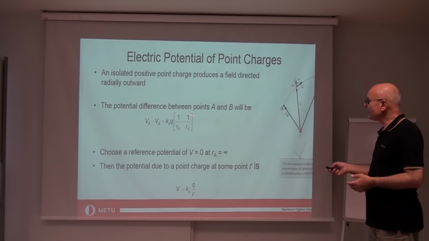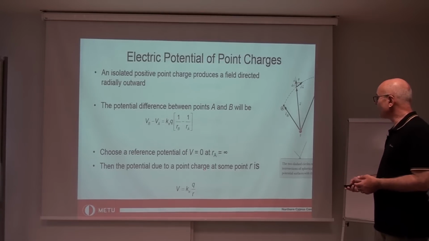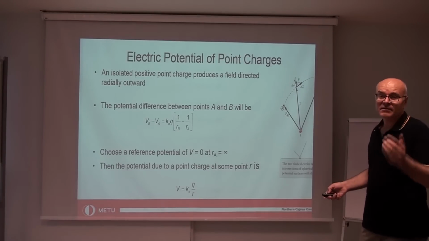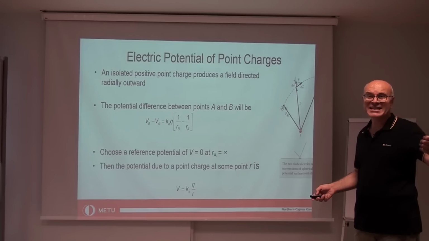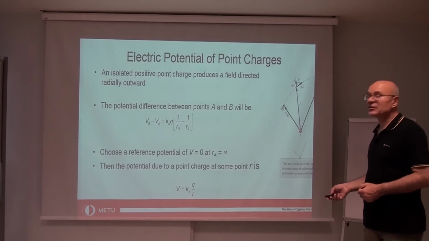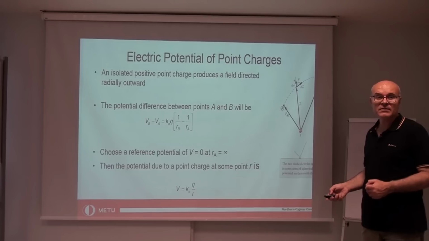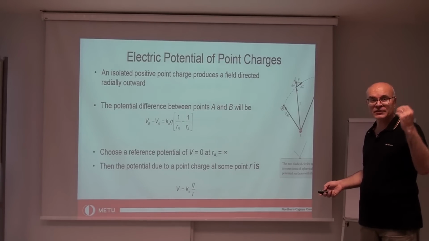So in this case, this term drops, and you get the potential due to a point charge at some point R given by this expression, with the potential with respect to potential 0 at infinity. So this is the potential of a source charge, which is a single point charge of magnitude Q.